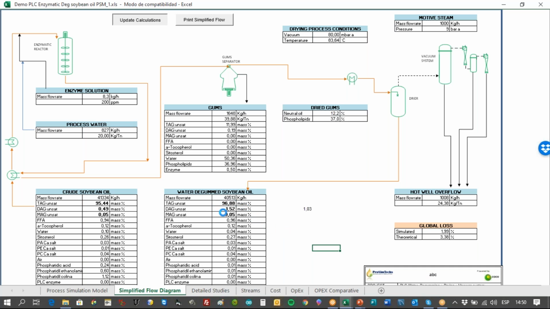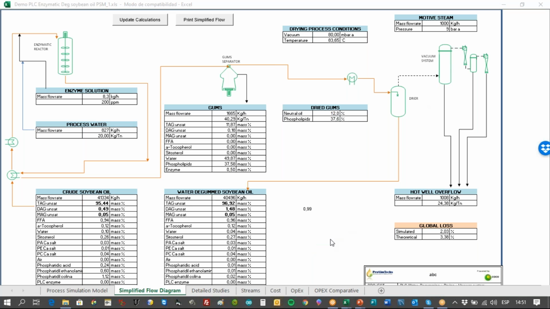This value should reduce because I am reducing the action of the enzyme.